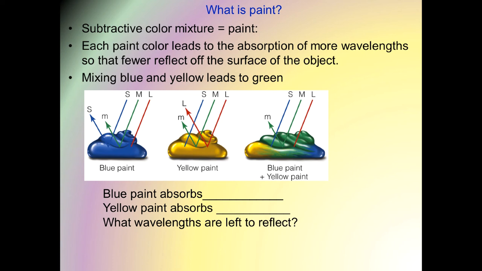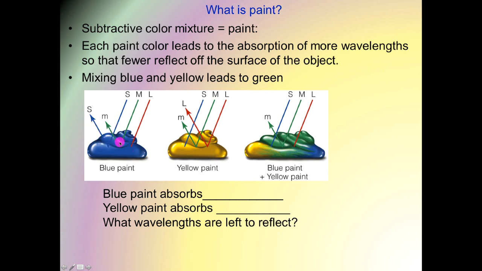When you add blue paint, it will absorb long wavelengths and reflect short and medium wavelengths, as we see here on the left. It's absorbing the long. They're not able to reflect off of the surface anymore because of the addition of the paint.